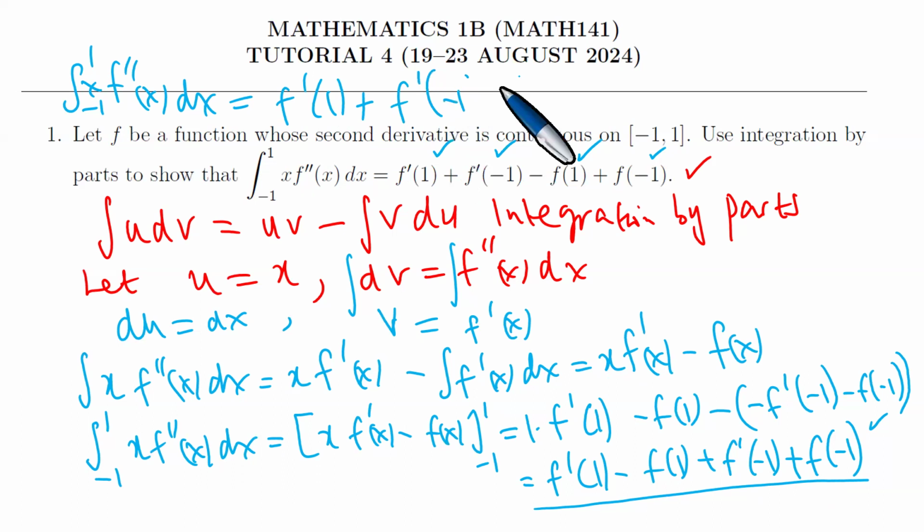Let me check your chart. Okay, that's fine. I'm suggesting we do 2f. So we're going to actually do 2f just now. And then obviously we have minus f of -1 plus f of -1.